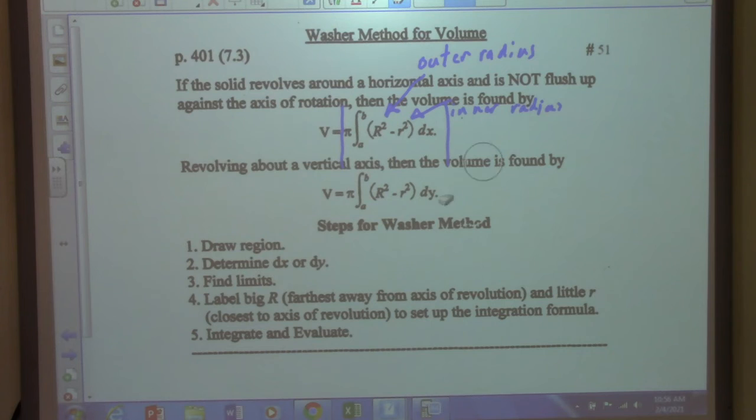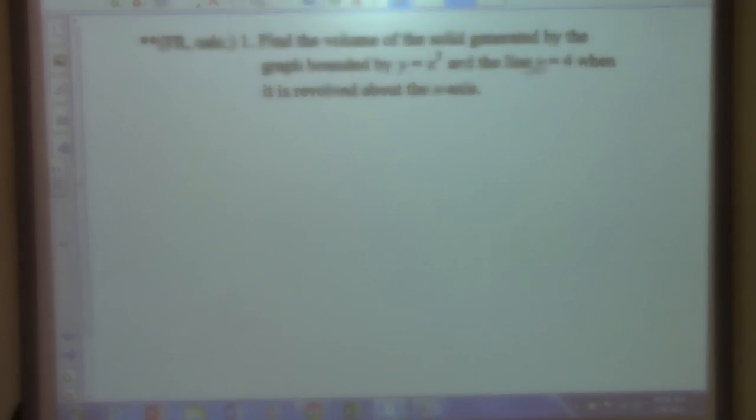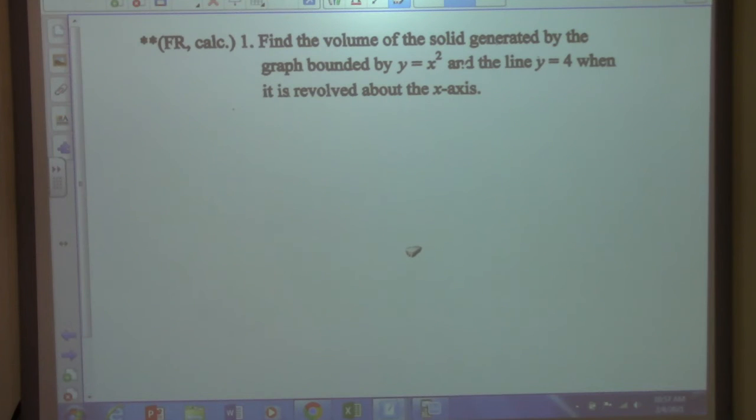So let's go ahead and look at this, and again, a lot of these things end up going right to the calculator when you look at it. Okay, here we have, in fact, a calculator problem. So I want you to look at this one here and do this one, and I'll come back to you.